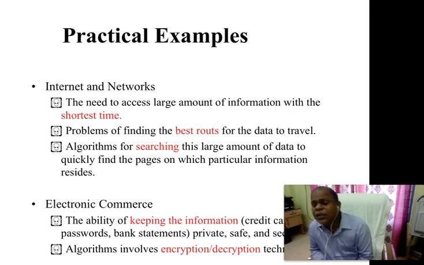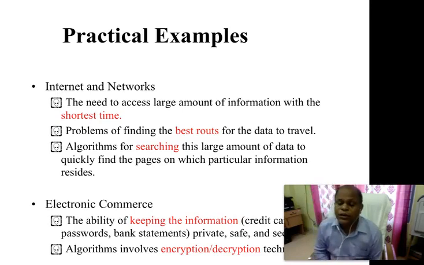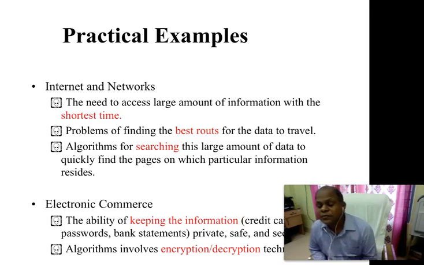In the internet, suppose you want to get some data. The data is somewhere in the server and the data has to reach you. It will follow different paths, and there are many possible paths that the data has to travel to reach you.